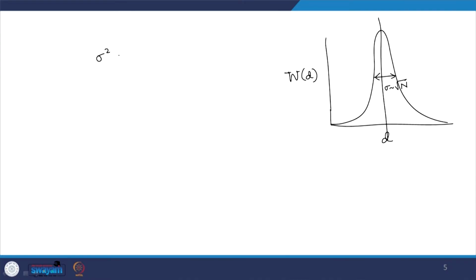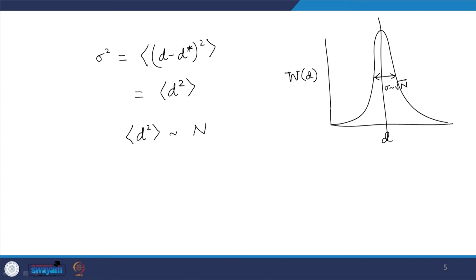Variance is the characterization of the deviation from the mean, right. So, we can also write sigma square as the average deviation from the mean value. That is, since d star is equal to 0, we have d square going like sigma square. So, therefore, d square in this case goes like n, because sigma square is going like n.